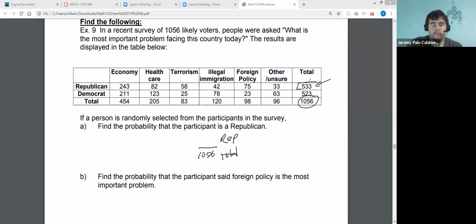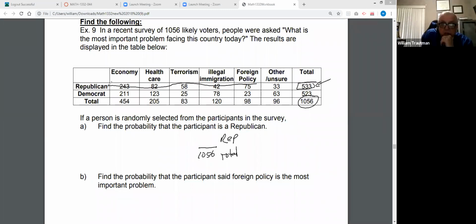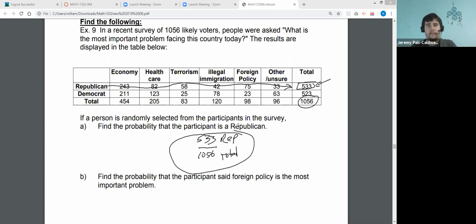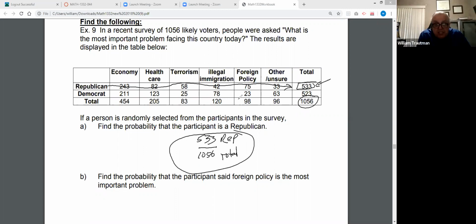Yeah. The Republicans, we added them this way, and those are all the Republicans, 533. So this is the probability of somebody being a Republican, 533 out of the total, 1056.